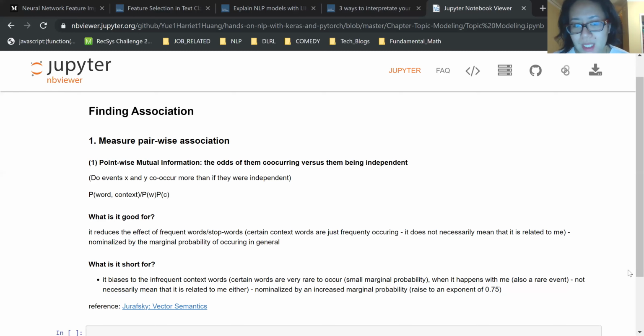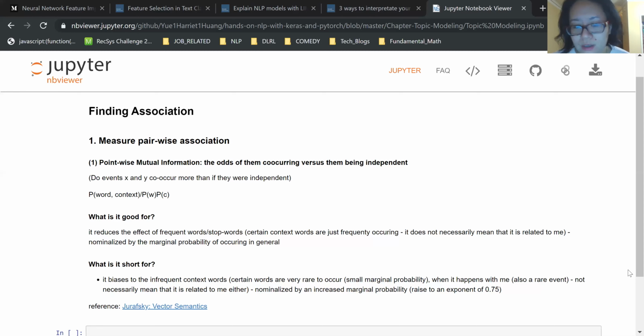So therefore, if we normalize the co-occurrence of the two items by the product of their individual marginal probabilities, then we will scale down the effect of this frequent word, because the probability of you seeing "the" is just very high in general.